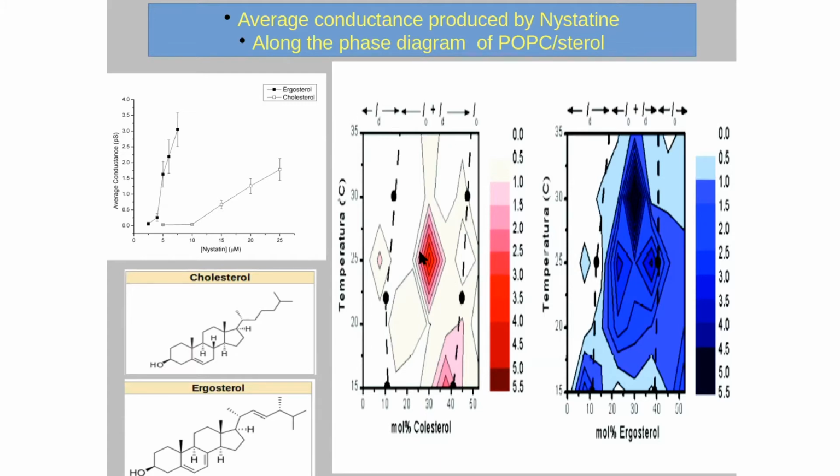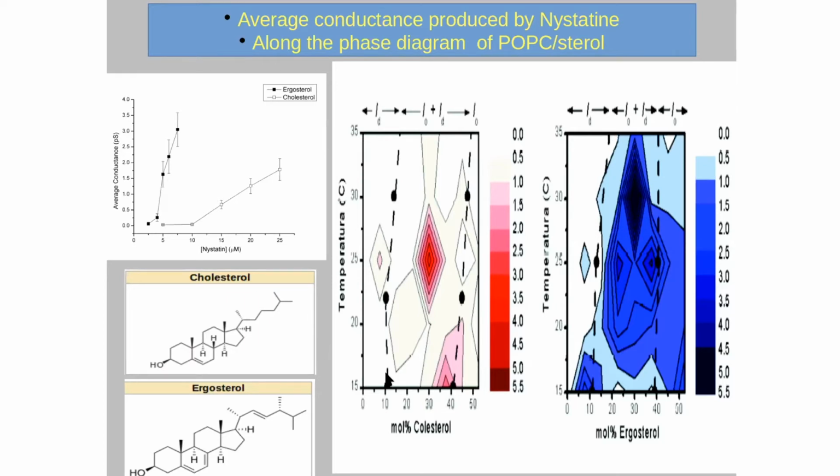But we did some experiments, and here is one thing that we think is very clear. If we look at this bilayer and the phase diagram that occurs when you change cholesterol and temperature, these are the lines defining the phase diagram between the disordered liquid, or mixed phase, and the ordered liquid, in both cases with ergosterol and cholesterol.